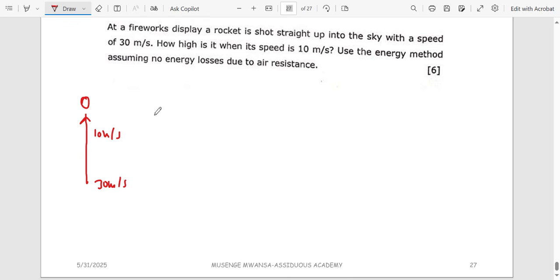So when you are using the energy method, again, what is the energy that you are going to have at this point? You need to know the height that we would have covered to move from this point to that point.